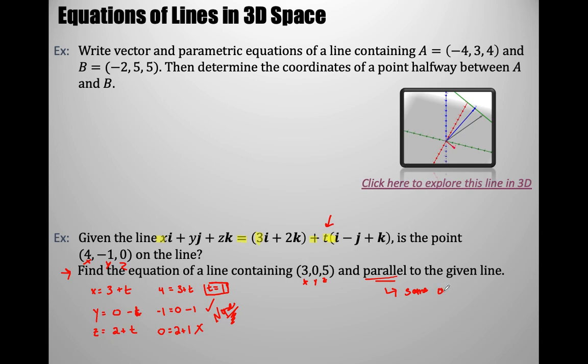You need to have the same or multiple of the direction vector, right? So, the simplest, there's multiple correct answers to this.